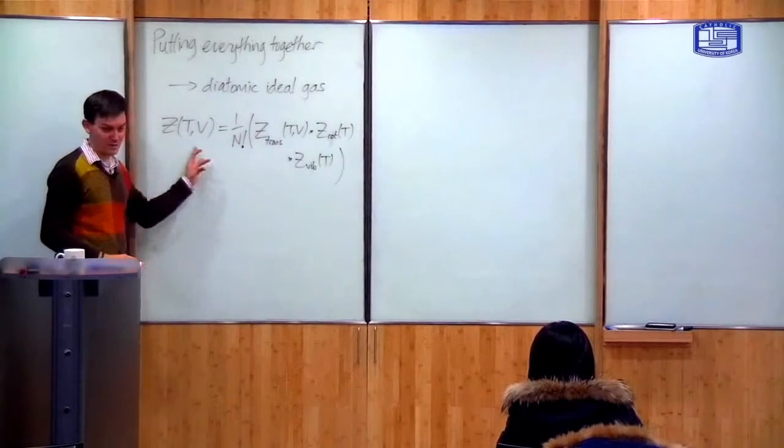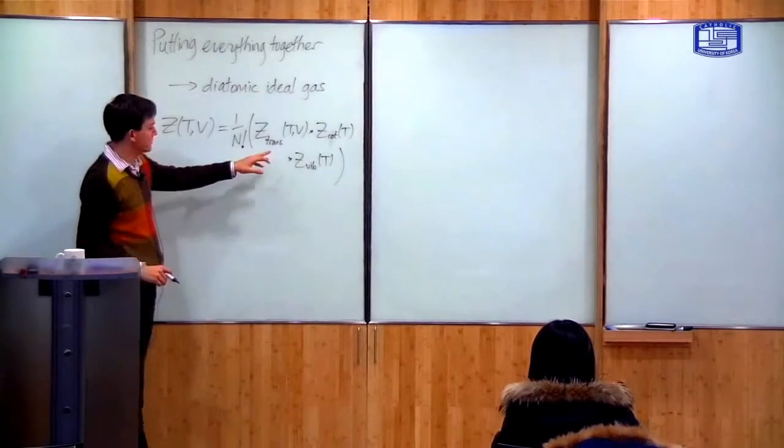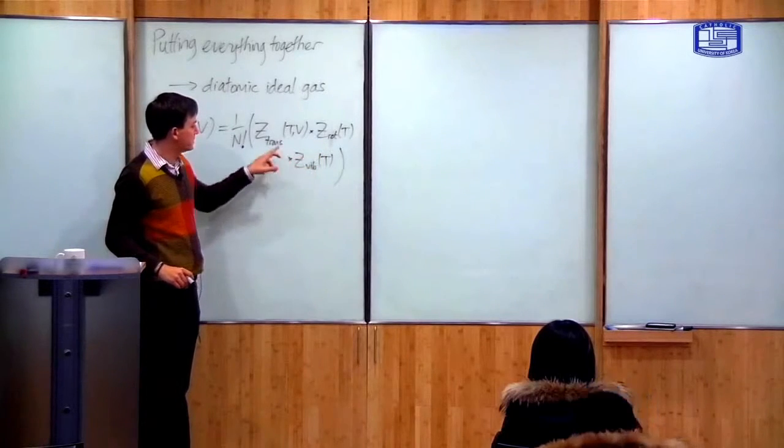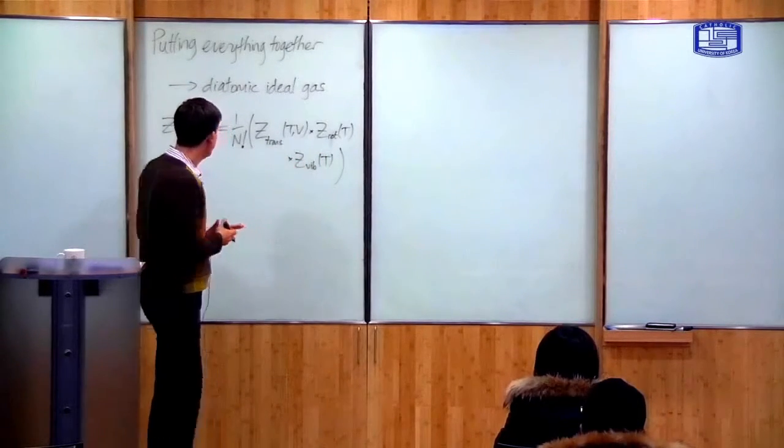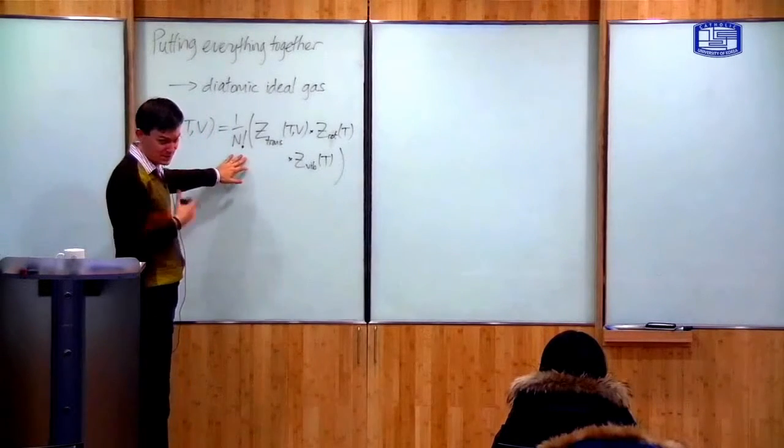So the total partition function is a product of the partition functions for each part divided by N factorial for the fact that the particles are indistinguishable.